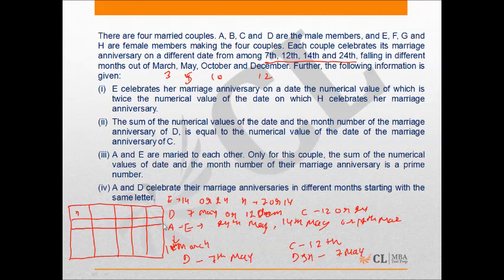Husband, wife, date and month. A and E are a couple, as we have already concluded, and their marriage anniversary falls on 14th March.